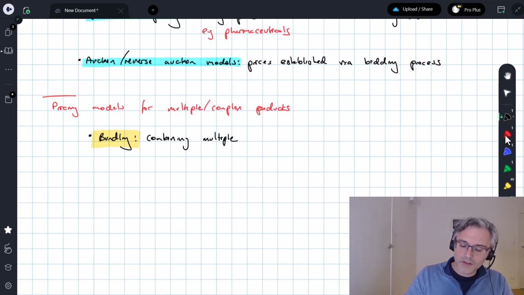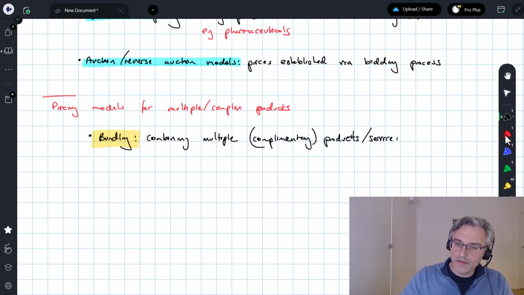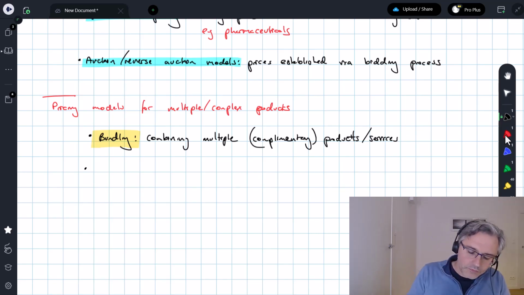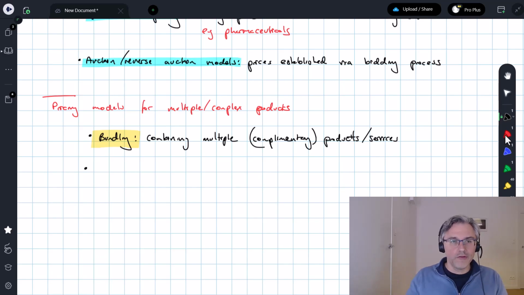Multiple, obviously complementary products, hopefully. Obviously, it doesn't have to be complementary, but it works best when the products are complementary products or services, and getting the client to pay for the whole thing in one transaction. And the classic here is a mobile phone together with a subscription, right? From an operator, a network operator.